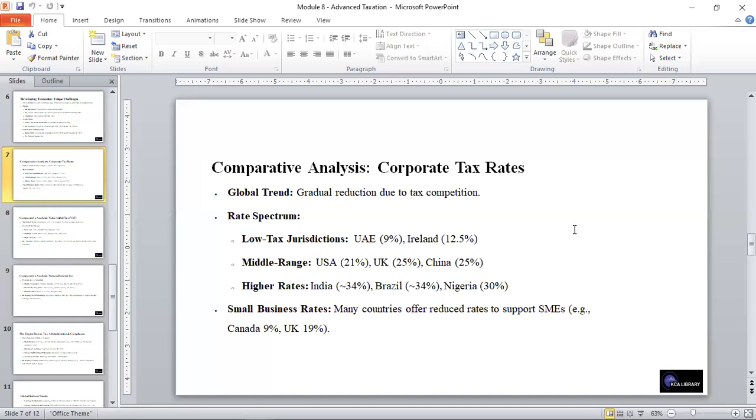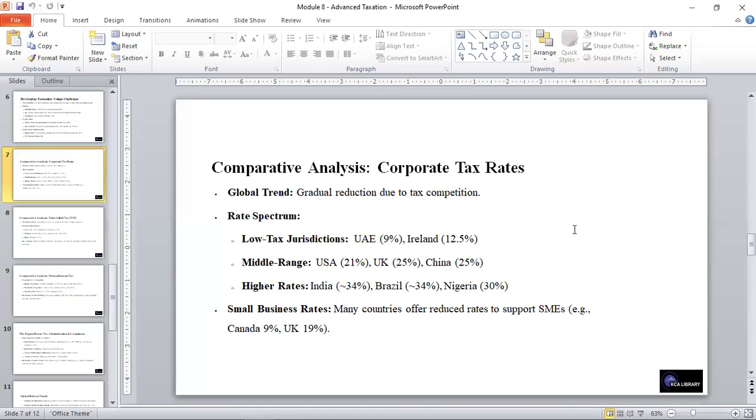The middle range includes the USA 21%, UK 25%, and China 25%. And we have the higher rates, with India at 34%, Brazil 34%, and Nigeria 30%.